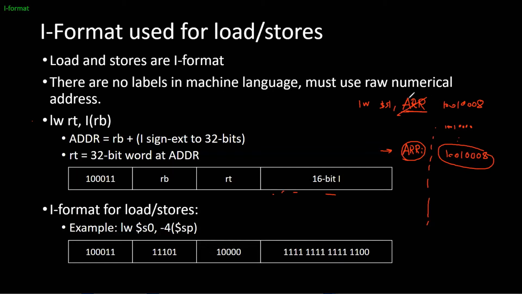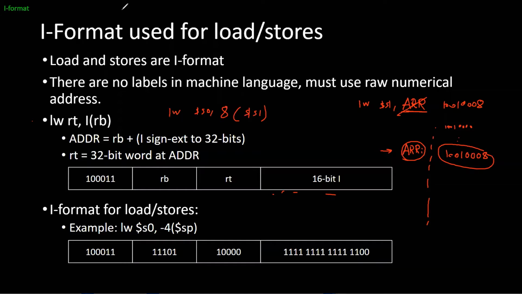So having a label was one case for load word. Here we are using a register and an offset. For example, load word S0, 5, and then S1. And 5 is not a good number. Let's put, for example, 8, because it has to be memory aligned. So this is one type of load word that is valid.